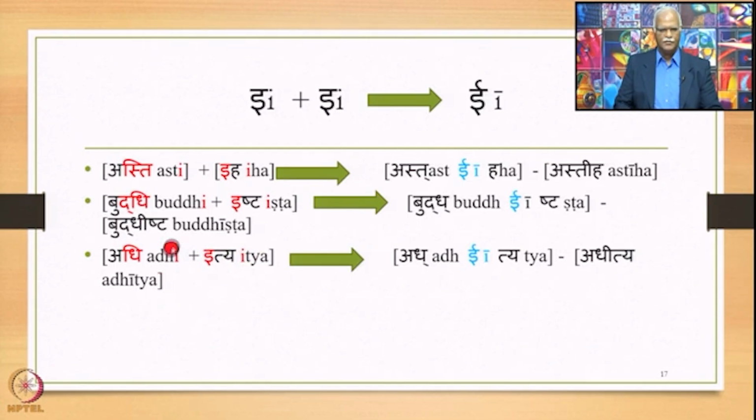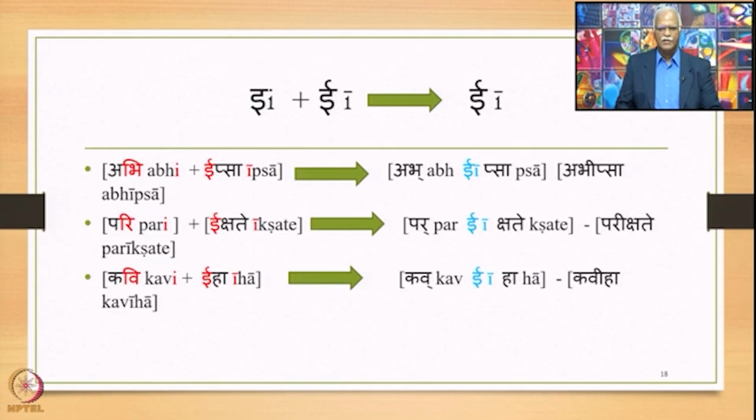Then we have Adhi plus Itya. Adhi is an upasarga or a preverb, and I is the verbal root. So here we have I followed by I, and 6.1.101 applies and returns the output as Adh, I and Tya. So we get Adhitya as the output.